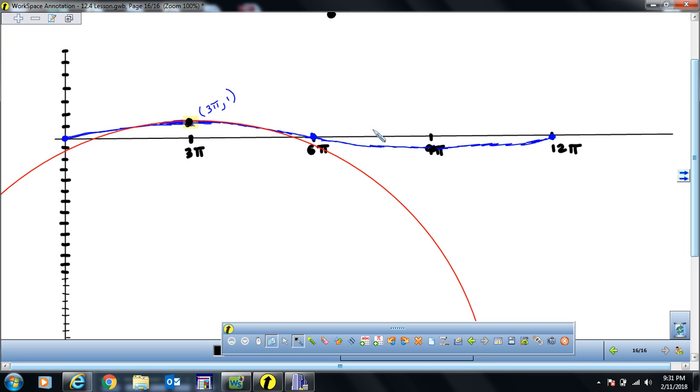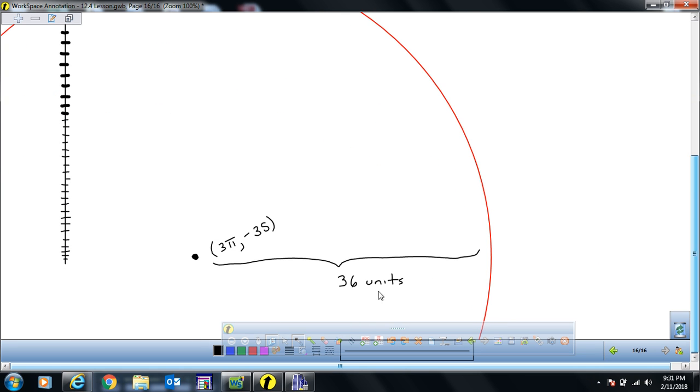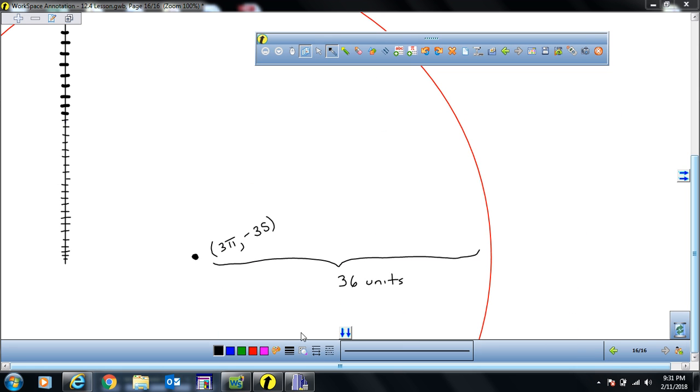So the curvatures are the same, which means the circle will be the same size. However, it will not be located at the same position. It will not have the same center. The center of the circle at this point would be up in the positive, in quadrant 1. Okay? So this basically concludes section 12.4, which is about curvature.